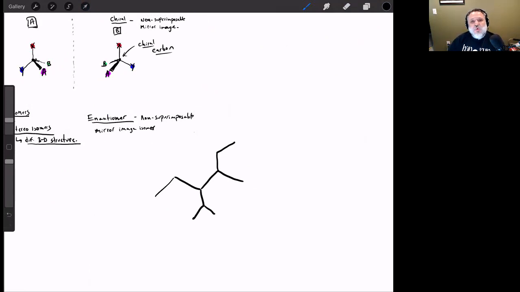This is an important piece of your skill set. It's the very first thing you're going to need to practice when working with stereoisomers: identifying carbons in molecules that have chiral centers.